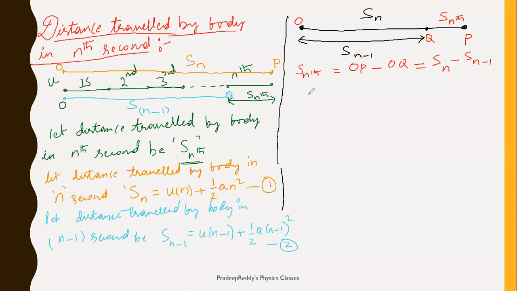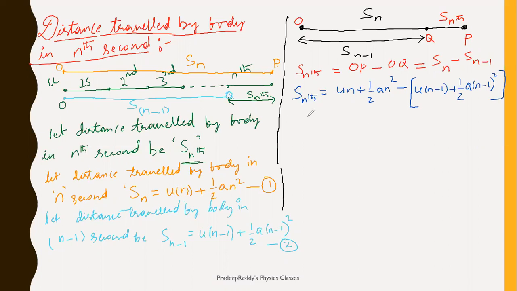Distance traveled in the nth second is equal to Sn. What is Sn? un plus half an square, minus Sn minus 1, which is u into n minus 1 plus half a into n minus 1 whole square.